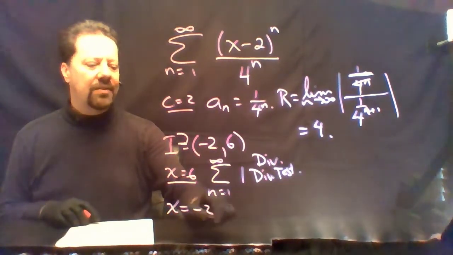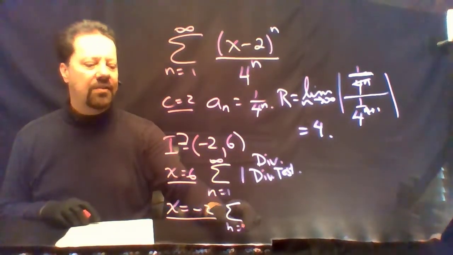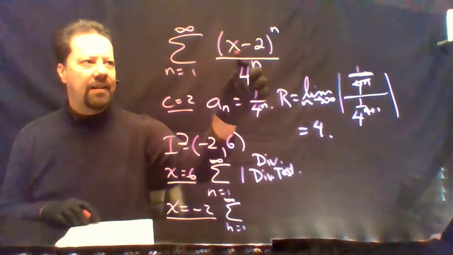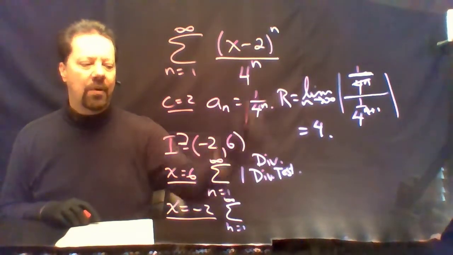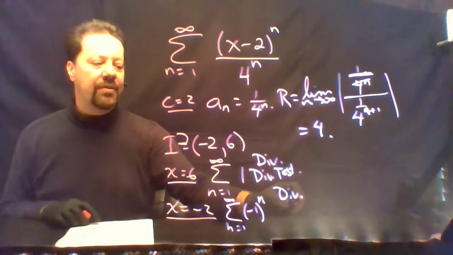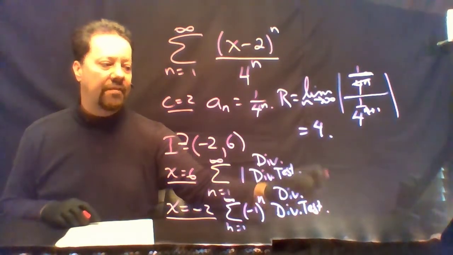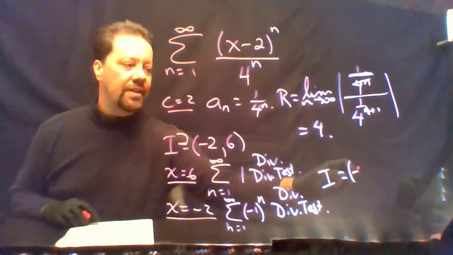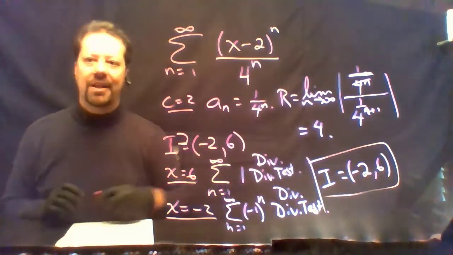At x equals -2, we'll have the sum as n goes from 1 to infinity of (-4)^n divided by 4^n, which is just (-1)^n, which again diverges by the divergence test. It follows then that the interval of convergence is the open interval from -2 to 6.